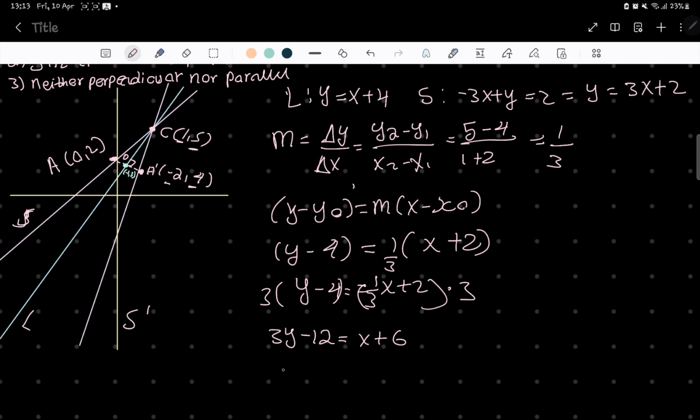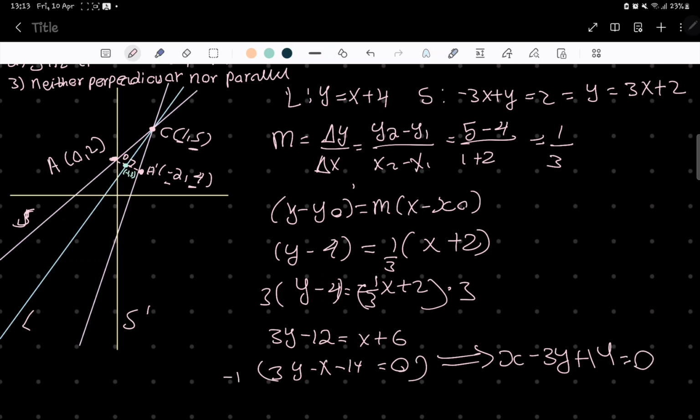Which will equal 3y minus x minus 12 minus 6, which is minus 18, equals 0, and minus 14. Anyways, guys, the final equation will be x minus 3y plus 14 equals 0 after we multiply this by minus 1.